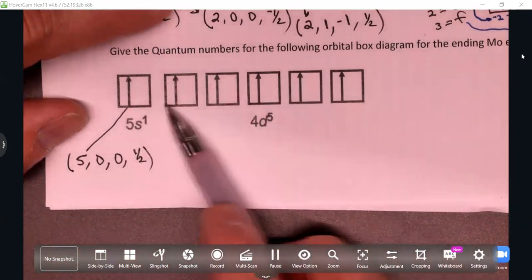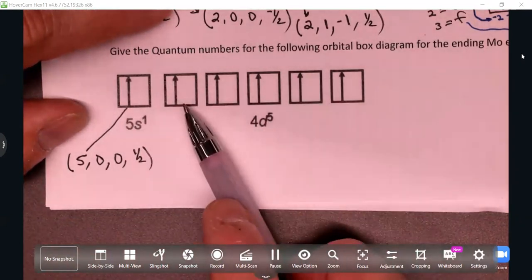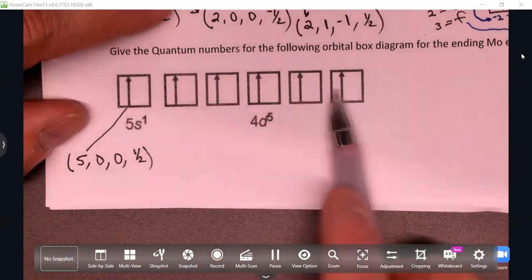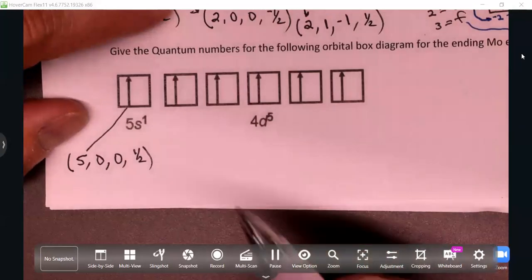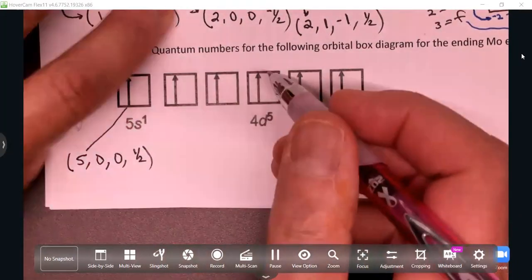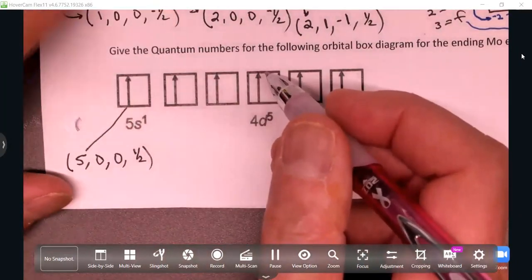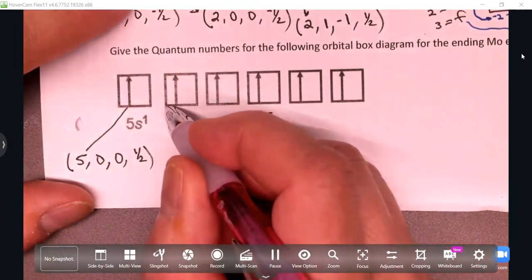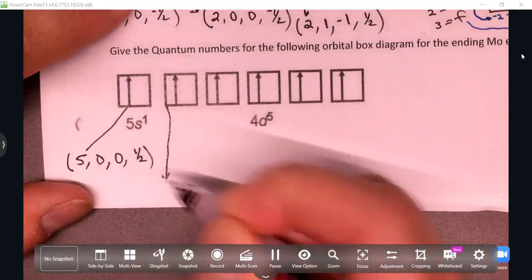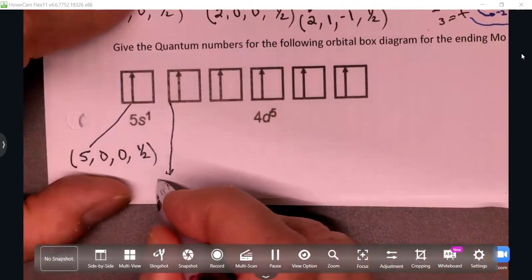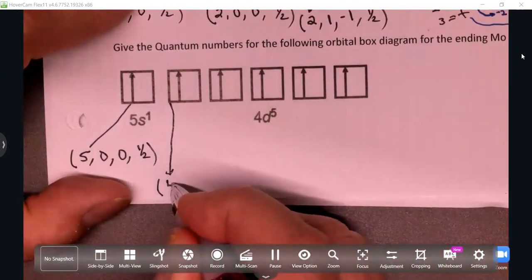Now, this is a D5. For D5, they would be all 5 up or all 5 down for our spins, right? We know they have to match according to Hund's rule. So if we do this electron right here, I'll put this one down here. We're in energy level 4.